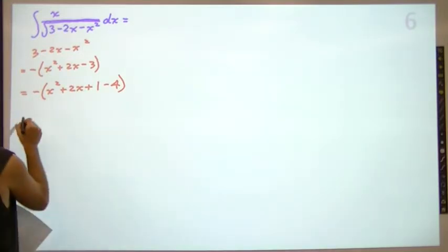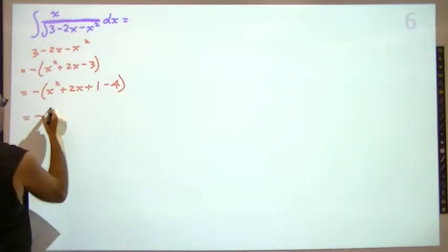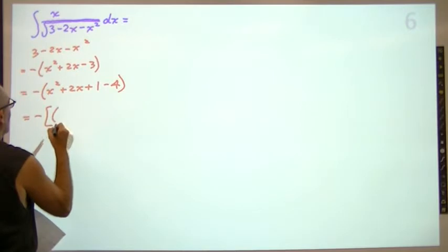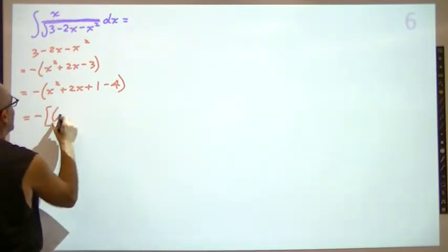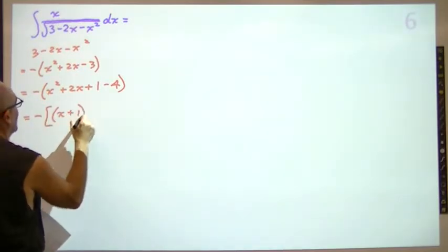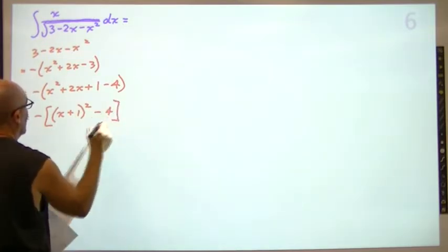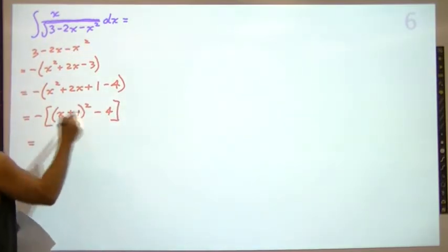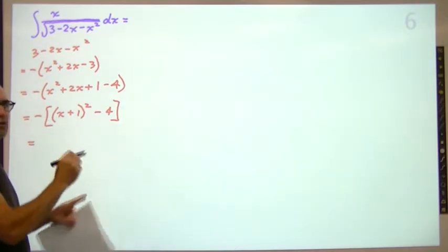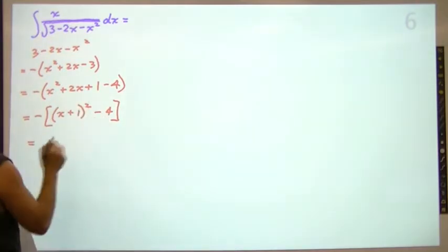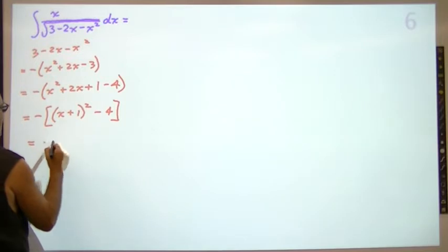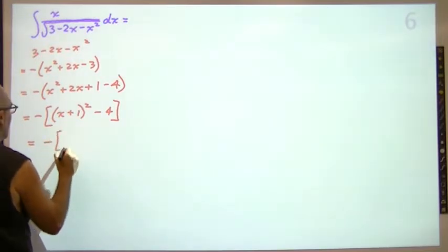So now it becomes a negative, factor this, becomes an x plus 1 quantity squared minus 4. Now remember, when you have a negative out in front of a subtraction, you can just flip the subtraction.